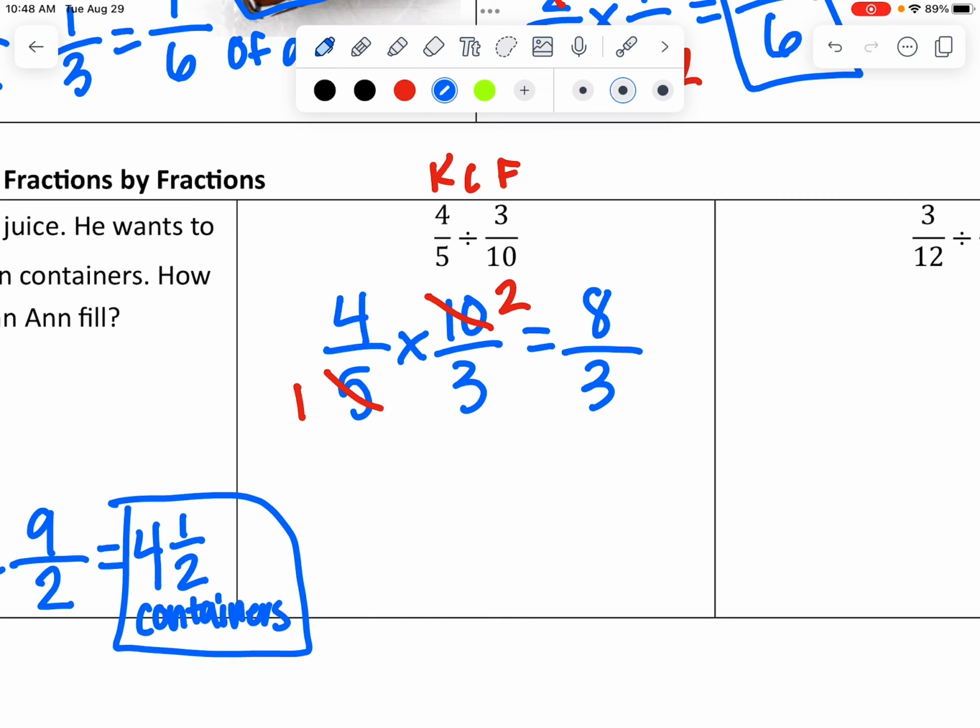Now again, Savvis will let you submit your answer like that. But to get in the habit of changing it to a mixed number, I want you to practice that. So we've got to do 8 divided by 3. So 3 can go into 8 2 times. And 3 times 2 is 6. So we have 2 left over 3. Your denominator always stays the same. So we get 2 2/3.